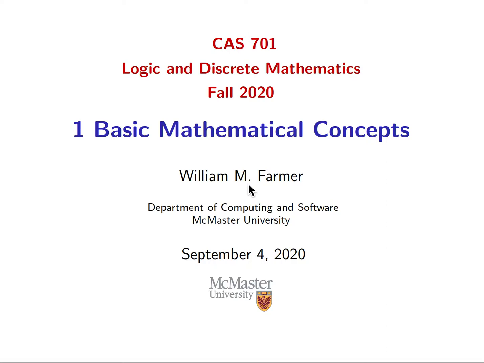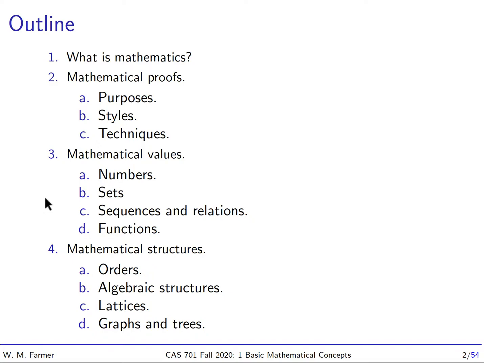Many, if not most of these concepts, you should be familiar with from your undergraduate mathematics courses. Here's an outline of this topic. First, we're going to discuss a bit what is mathematics. Then we're going to look at mathematical proofs, what their purposes are, different styles of proofs, and techniques for producing proofs.